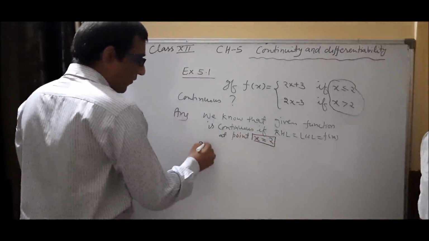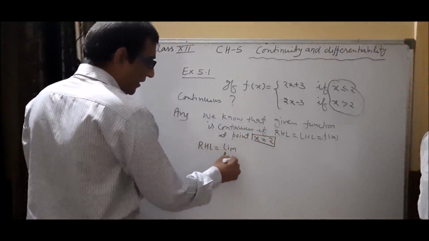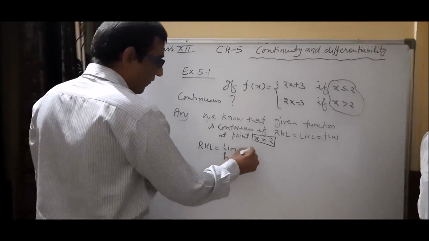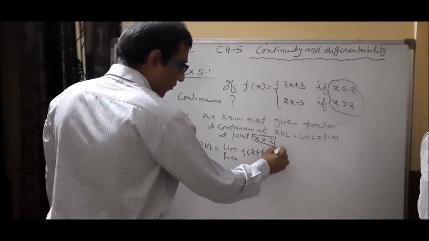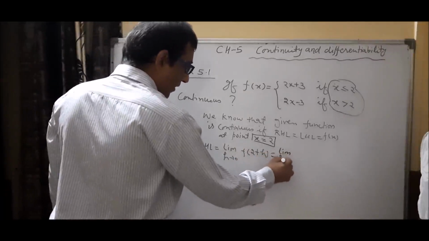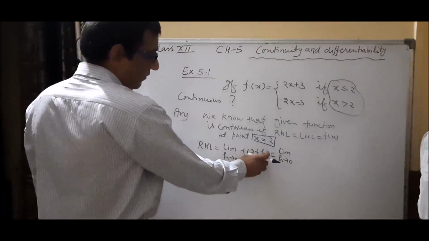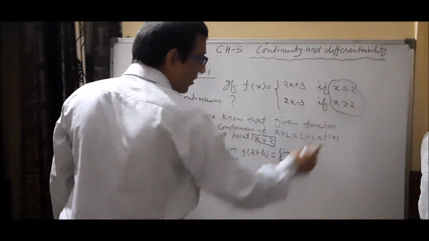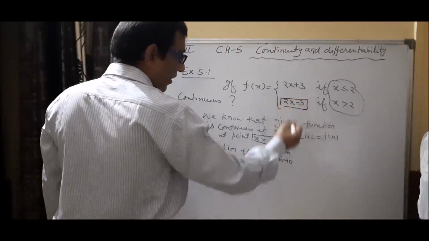So first we will continue with the right hand limit, and right hand limit can be written as limit h approaches to 0 f(2 plus h), because the value of x is 2. 2 plus h means the value of x is greater than 2, so we will go with the second function, that is 2x minus 3.